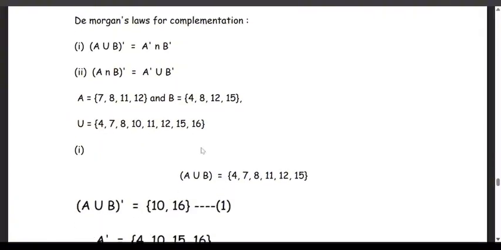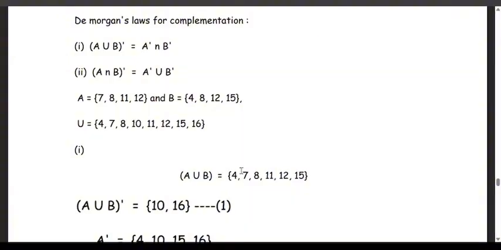What are the elements in the universal set that are not in A union B? Please pay attention, okay? Whenever you want to find the complement of A union B, it is not relative to a particular set, but relative to the universal set. That's exactly what I mean.